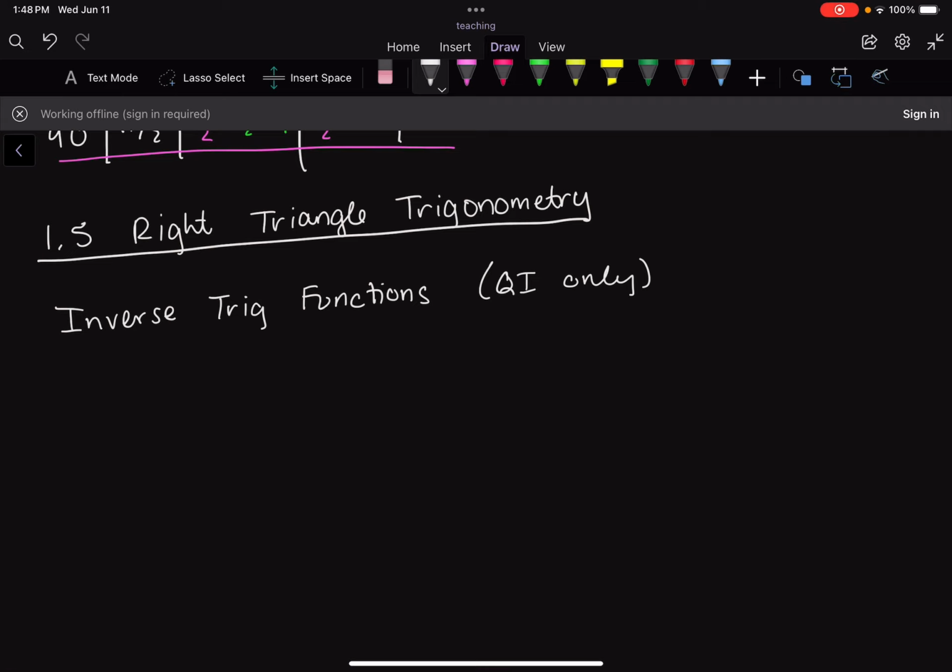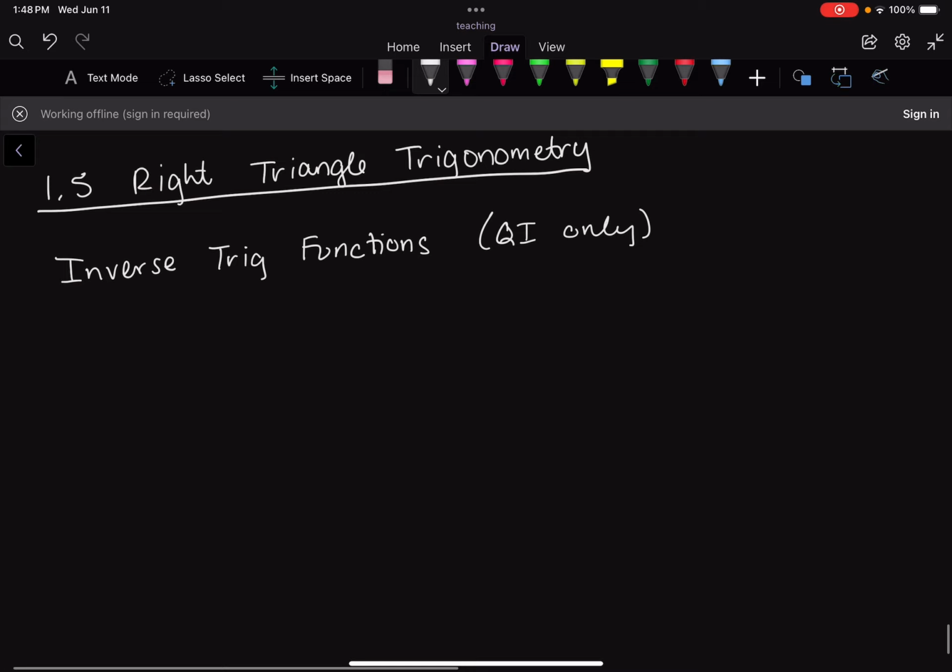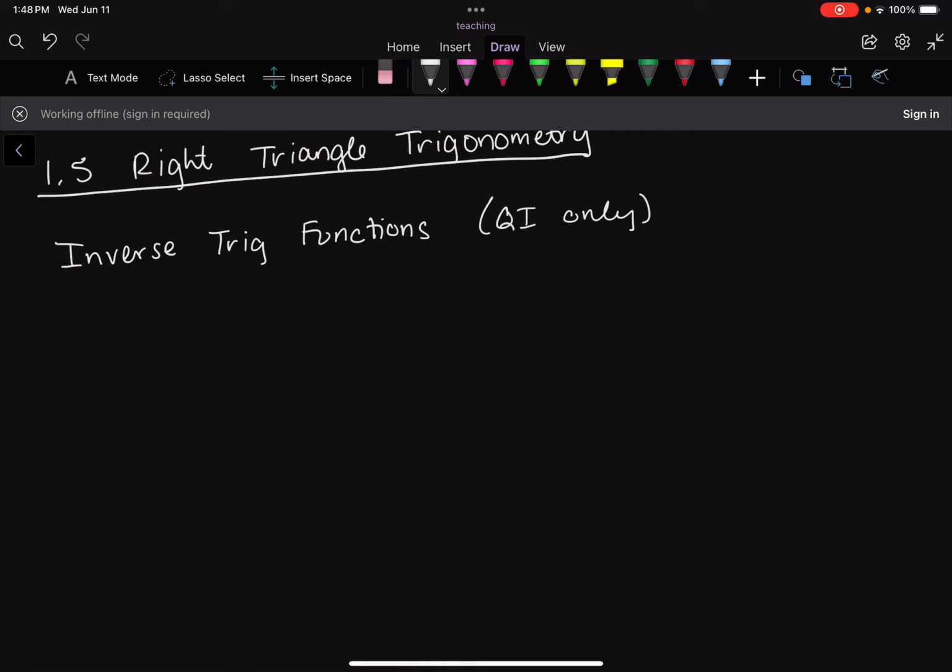Later in 4.1, we'll talk about how to do them in all the quadrants, but just for right now, we're going to talk about only quadrant 1. The reason for this is I'm only going to talk about 30, 45, 60, and technically the quadrantal angles maybe a little bit. So this is not a full explanation of inverse trig. We just need a little bit to be able to do some stuff in this section.